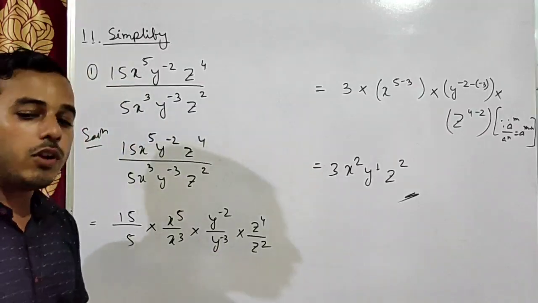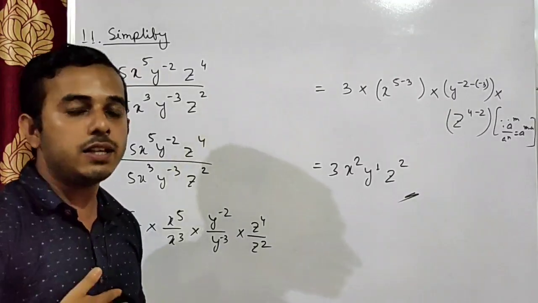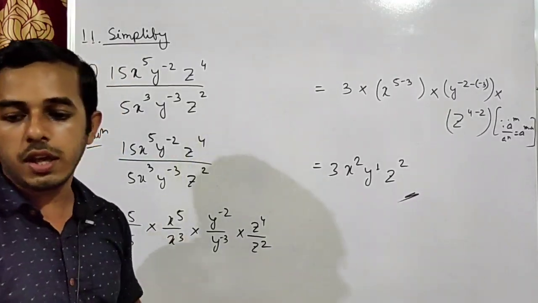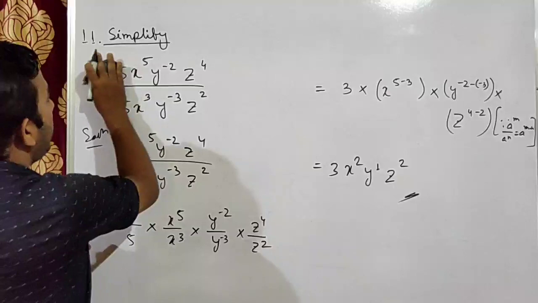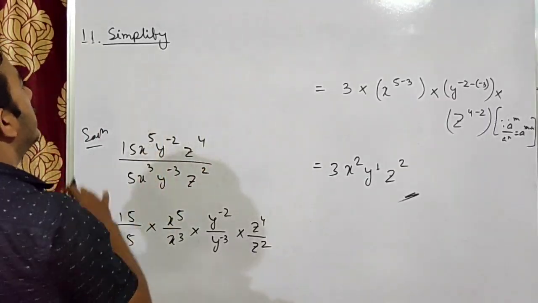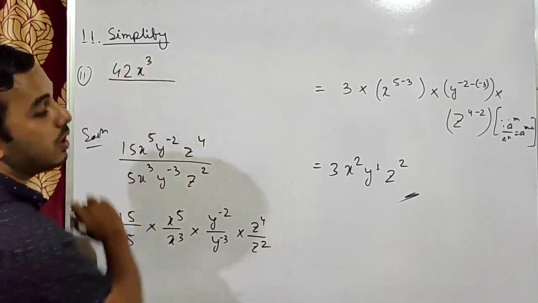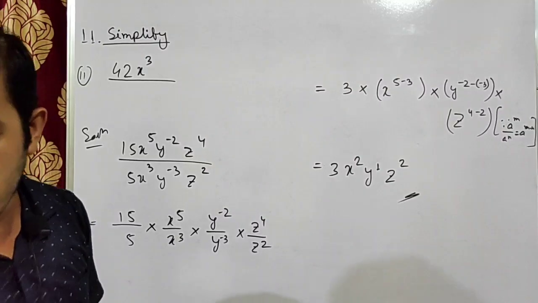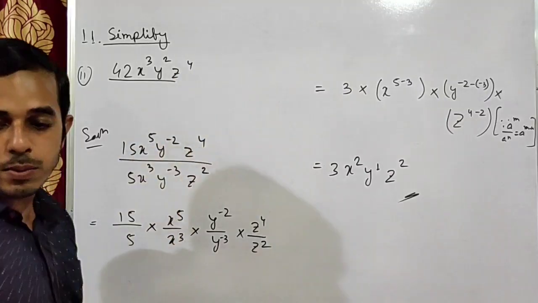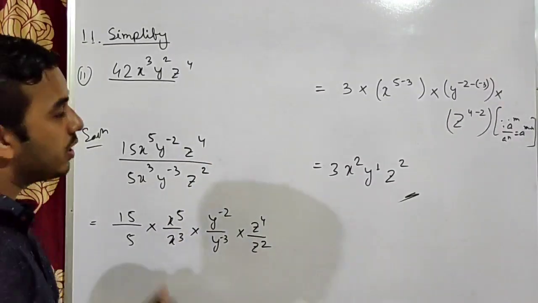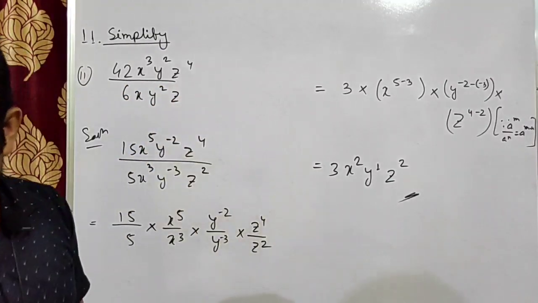Okay, so now let's move to our next expression, which I think will be more clear for you. Here it is 42 x to the power 3, y to the power 2, z to the power 4, divided by 6 x y square z to the power 3.